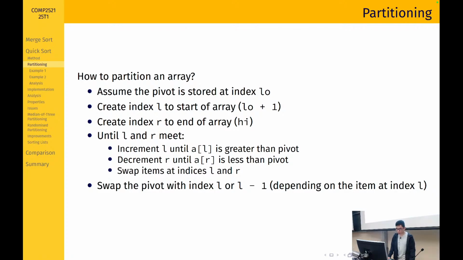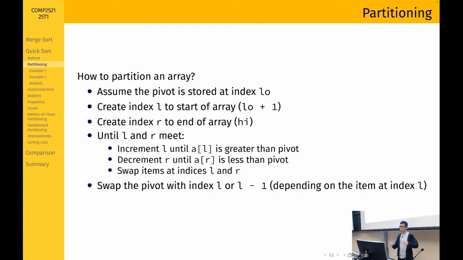Okay, so the tricky part of quicksort is partitioning. So how do we actually partition the array? First of all, what we'll assume is that the pivot is stored at index low. So the pivot is the leftmost element of the subarray.